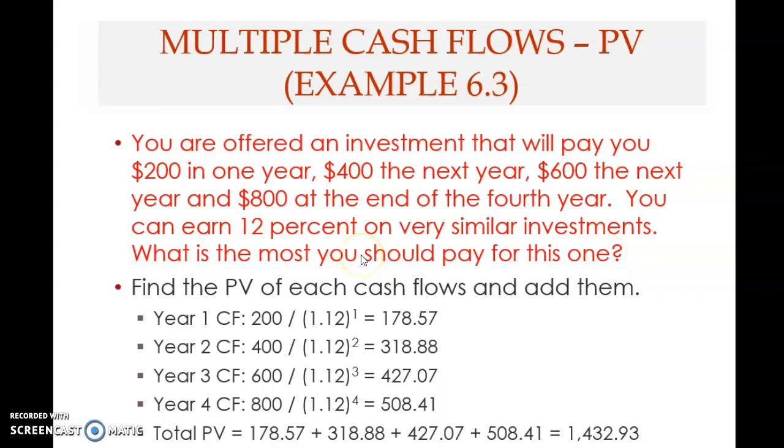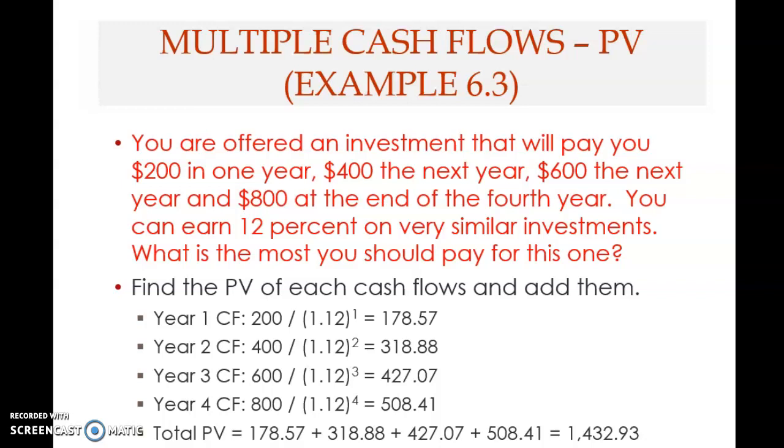So the question is, what is the present value? How much would you be willing to pay for this? We're going to get 200 at the end of the first year, 400 at the end of the second year, 600 at the end of the third year, and 800 at the end of the 4th year. How much are you willing to pay now for this stream of cash flows? So this is actually a present value problem.